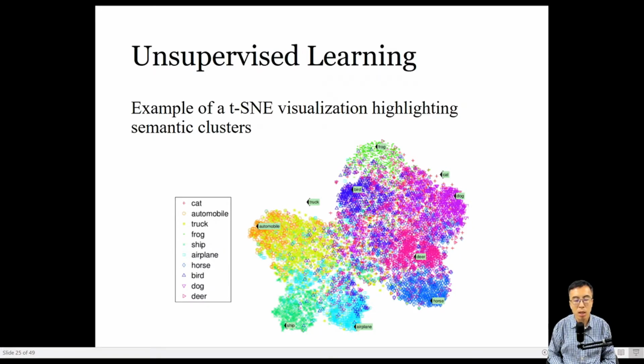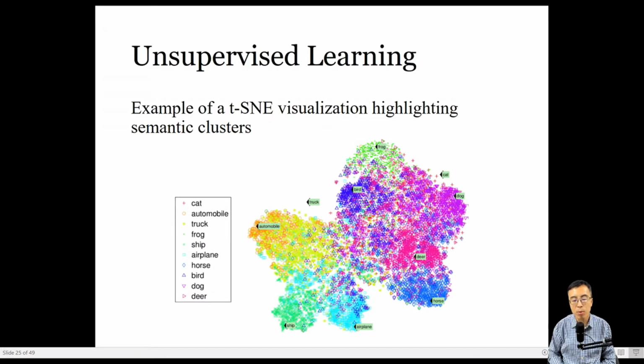So here we provided a large number of images of different objects, for example, automobile, truck, ship, airplane, deer, horse, cat, dog, bird, and frog to the algorithm, but without telling the algorithm what the images contain, or basically we do not provide a label to the algorithm.